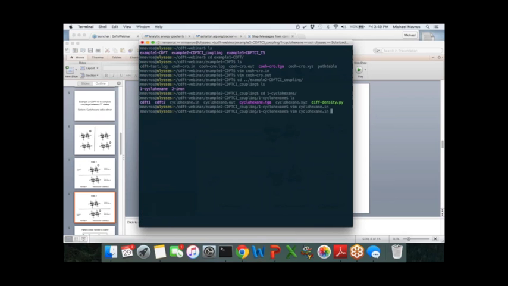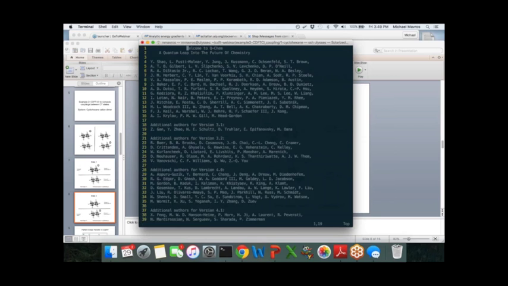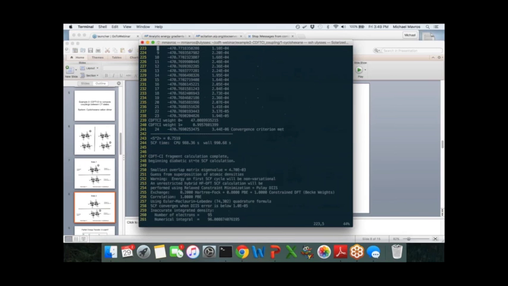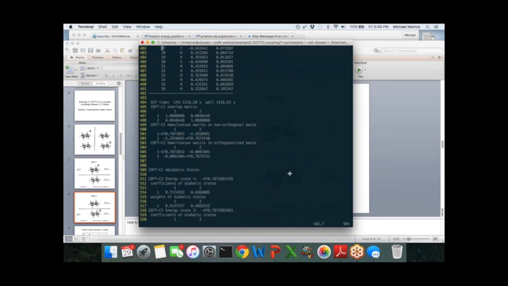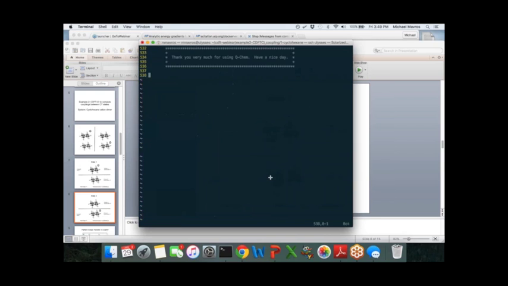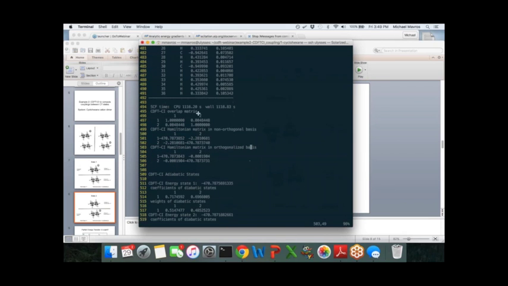So when I run this job, the output looks similar to before, where we go through multiple different SCF cycles to converge all the different states involved. The very interesting output is at the very end of the output file here, where we can print out the CDFT-CI matrices.